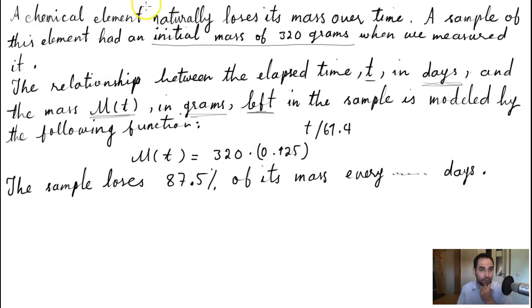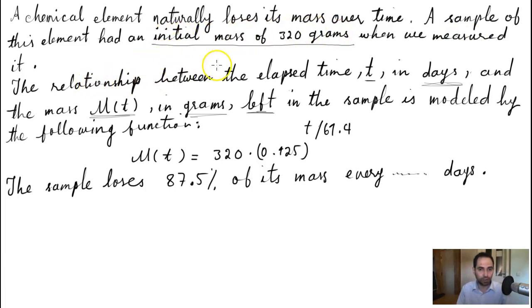A chemical element naturally loses its mass over time. A sample of this element had an initial mass of 320 grams when we measured it. So the initial mass was 320 grams.